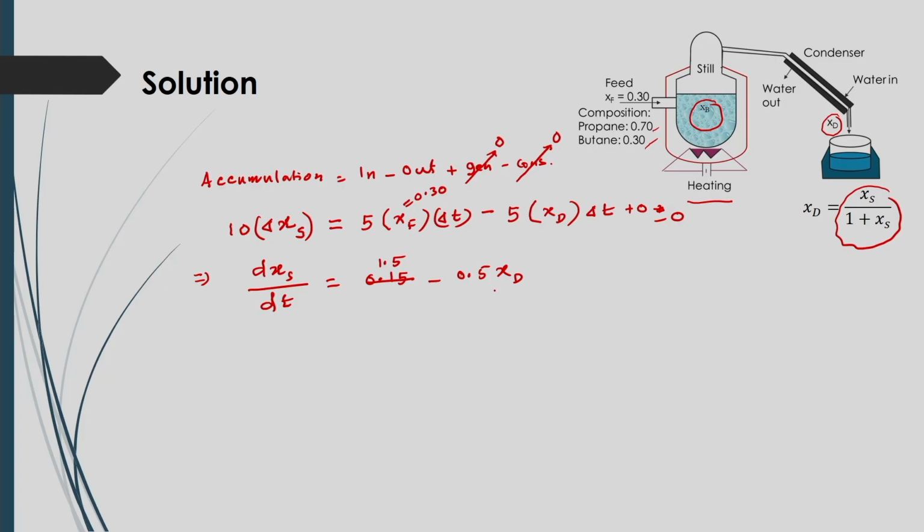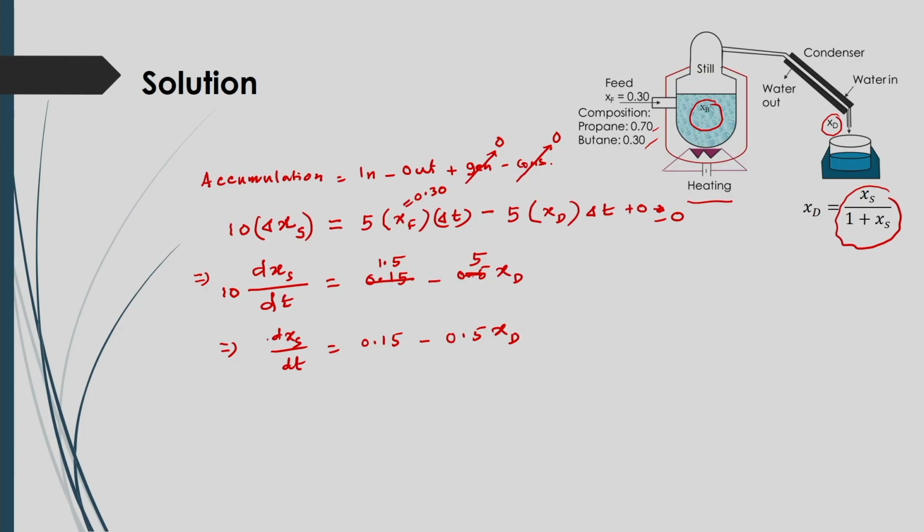Minus 5 into xd. Now we can write this final equation: if we divide by 10, dxs by dt will be equal to 0.15 minus 0.5 xd.